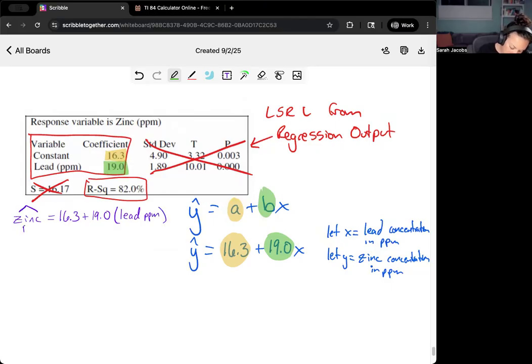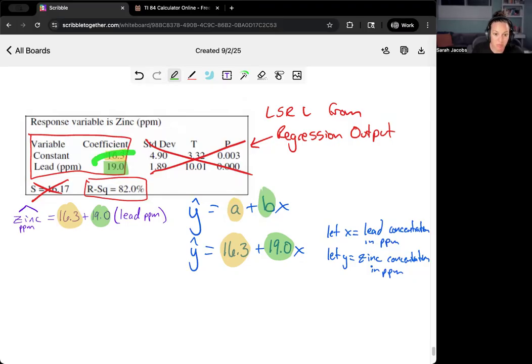And maybe we should say that this is zinc ppm. All right, same exact equation. We still have a slope of 19. We still have a y-intercept of 16.3. But now we're using our words instead of our variables. Okay. Least squares regression line from regression output.